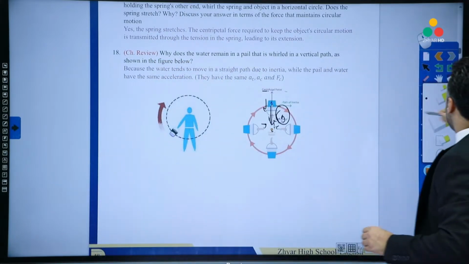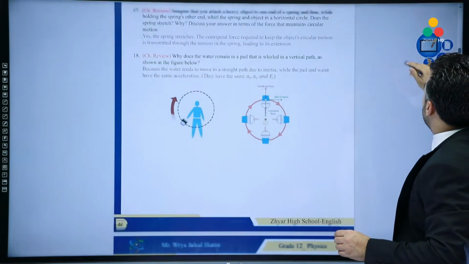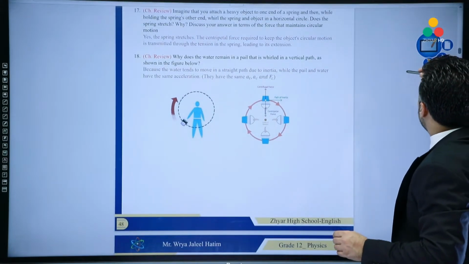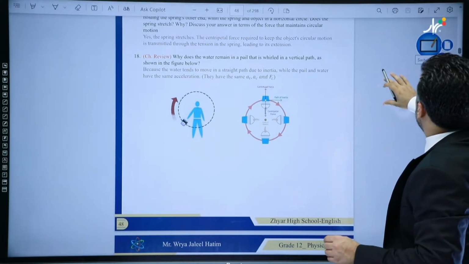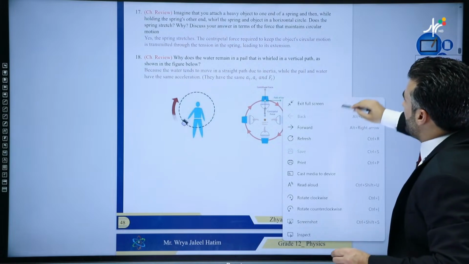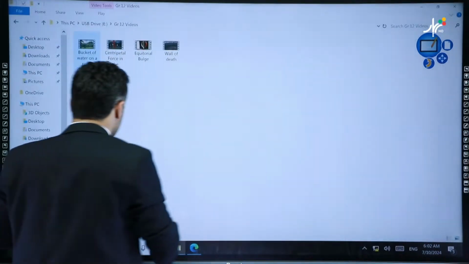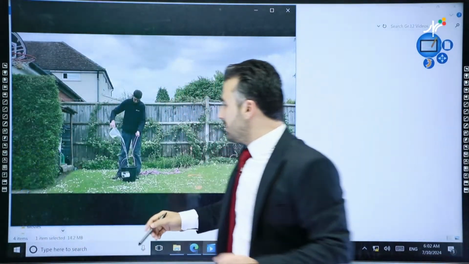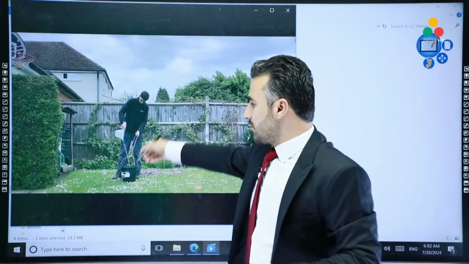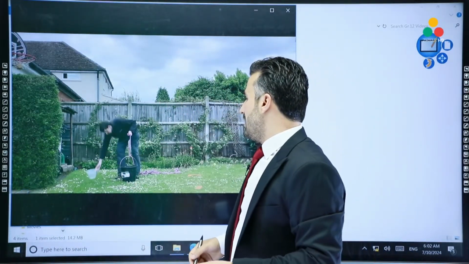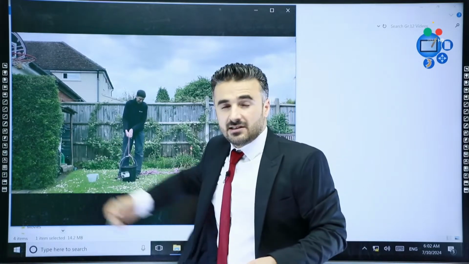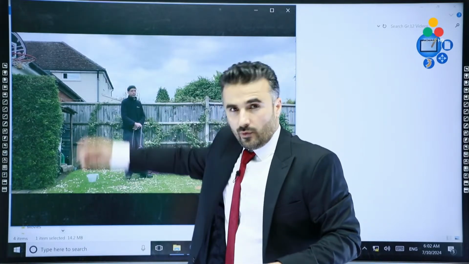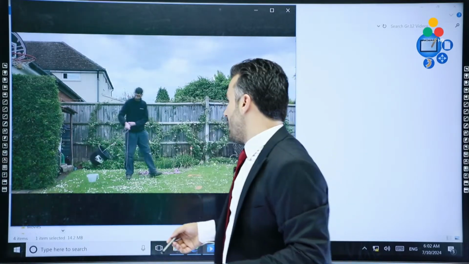And of course, I have a video, let me see if I can show you this, to help you understand better what I mean. So here's a bucket of water. Take a look. Here's the bucket, and we pour some water into the bucket, and now we give it enough angular speed so that we can make the object move in a circular path.